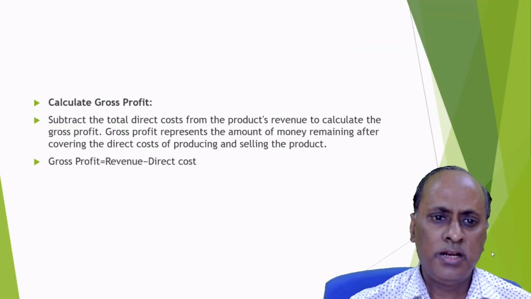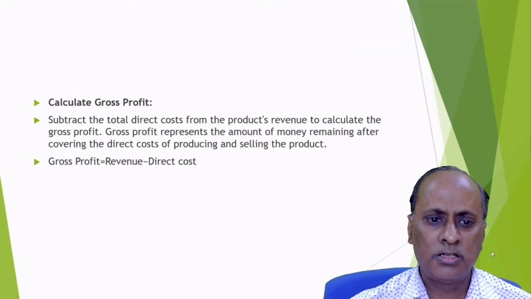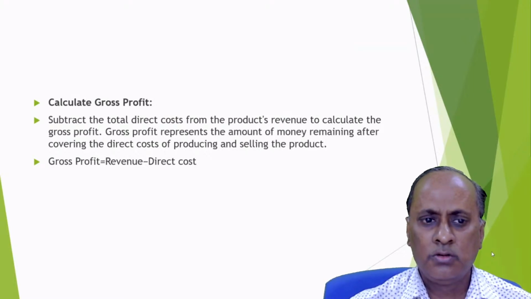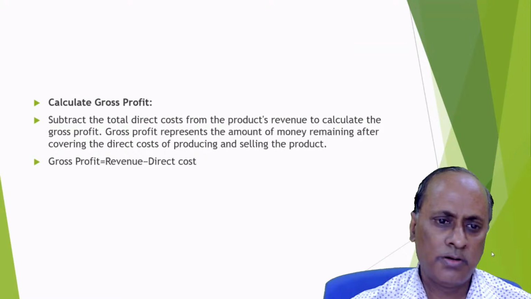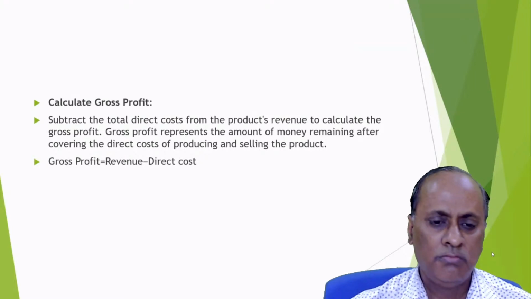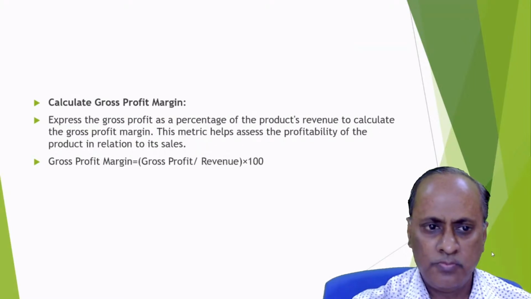And subtract the total direct cost from the product's revenue to calculate the gross profit. Gross profit represents the amount of money remaining after covering the direct cost of producing and selling the product. So gross profit we calculate as revenue minus the direct cost.